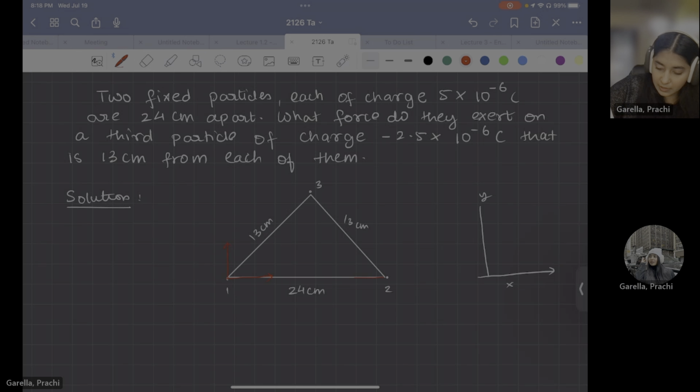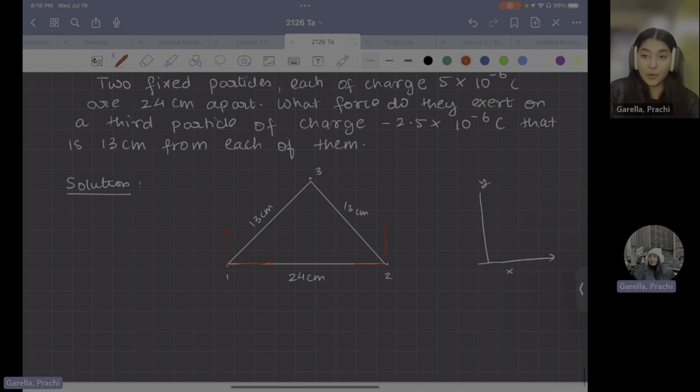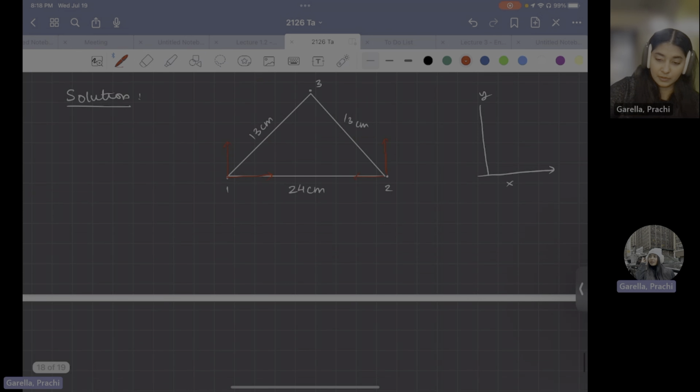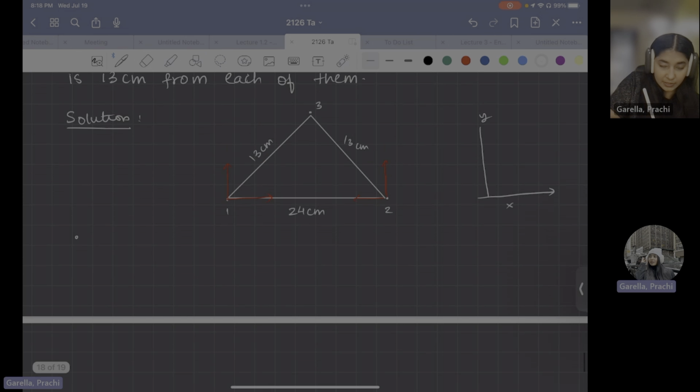The components in the x-axis cancel each other, so they don't make any difference to the force. So the x components cancel out. Now we have to figure out the y component.